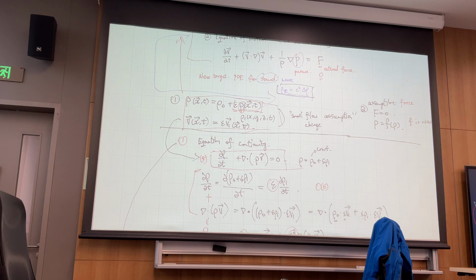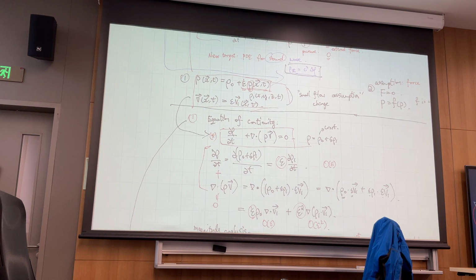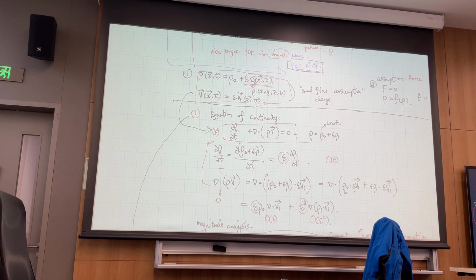Therefore, to obtain a simpler version, we made another assumption, which is the small flow assumption, or the small change assumption. Basically, assuming that the air density is almost a constant, plus some small perturbation, which is rho 1. Therefore, the speed of the flow, the velocity v, is also on the order of epsilon.